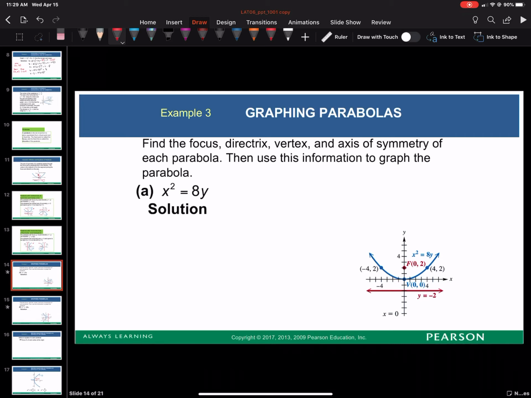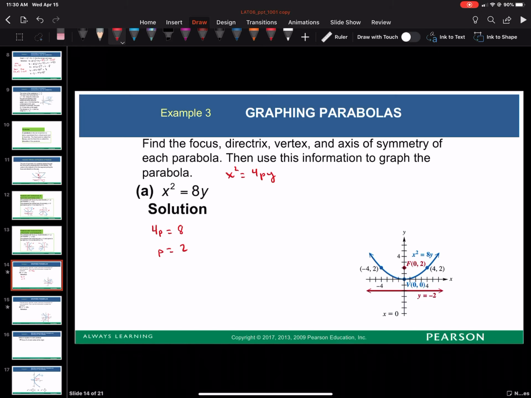So remember that our initial one was x squared is equal to 4py. So to find p, we got 4p is equal to 8. So p should just be equal to 2.